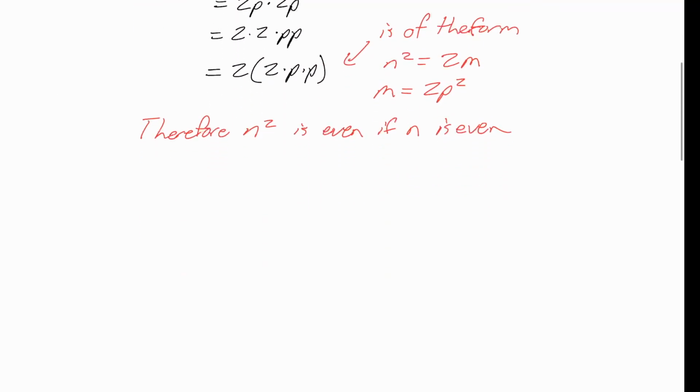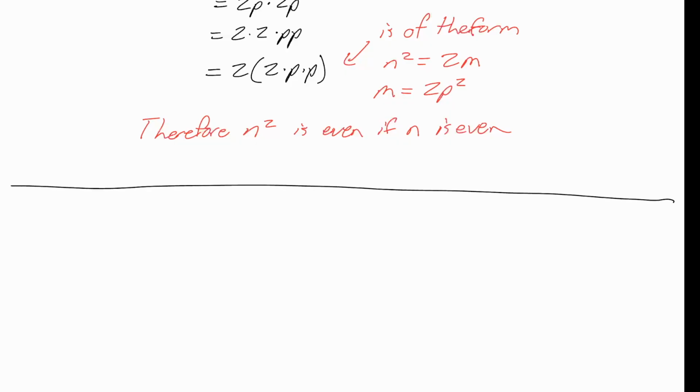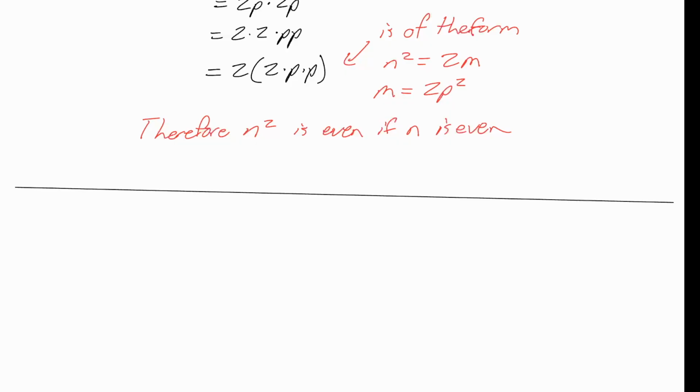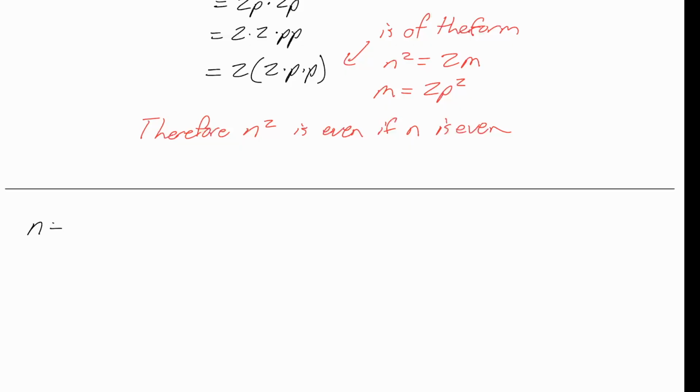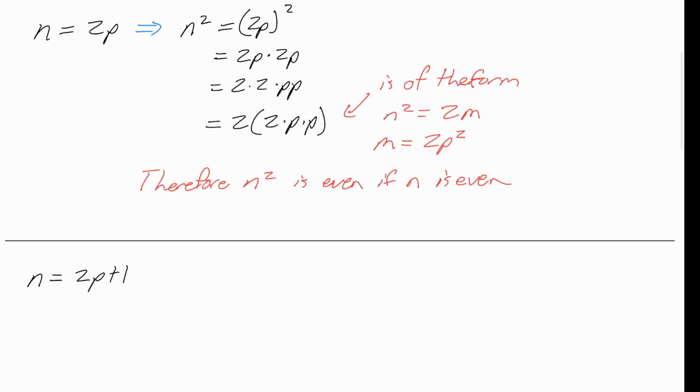Okay, well, let's start with, let me put a little line here to separate our, ooh, that's not straight at all. Okay, so let's start with an odd number, n equals 2p plus 1. And in the exact same way as before, we will say n squared equals (2p plus 1) squared.